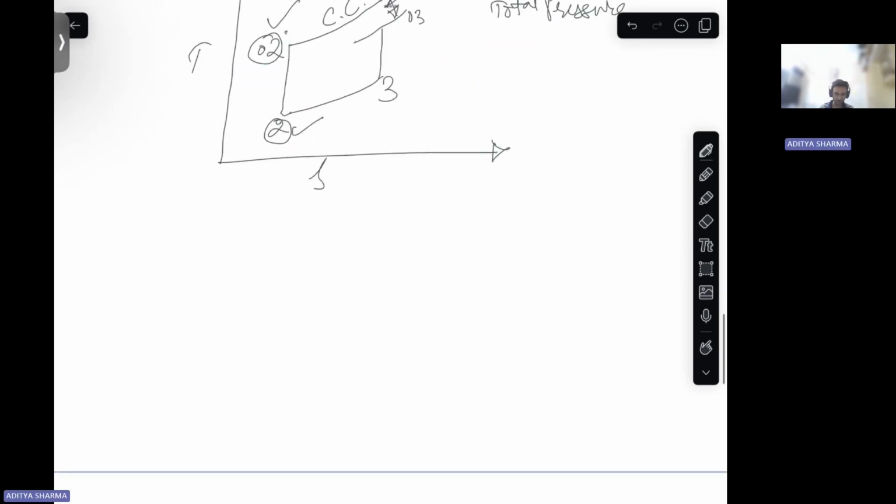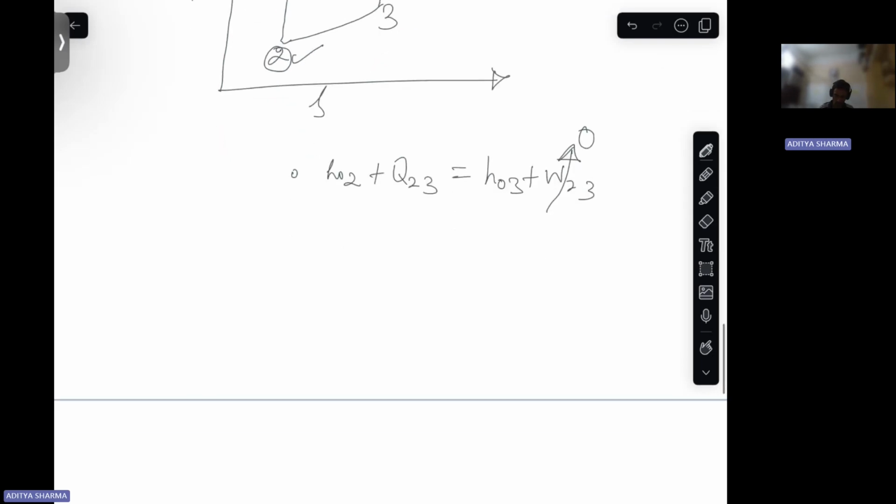And then heat and work interactions, how do we write it? We write it as H naught 2 plus Q23 equals H naught 3 plus, and this part is 0, no work is involved.